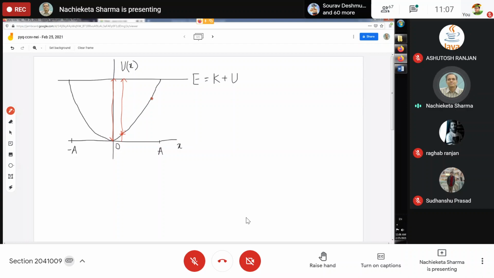Suppose I take this point: the kinetic energy will be this height and the potential energy will be this height. This is how the energy diagram gives you a lot of ideas about kinetic and potential energy.